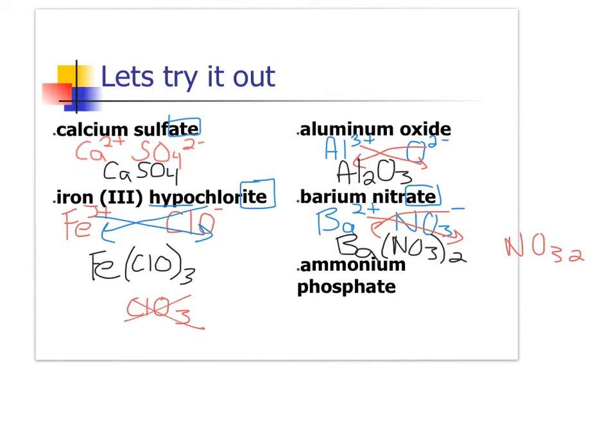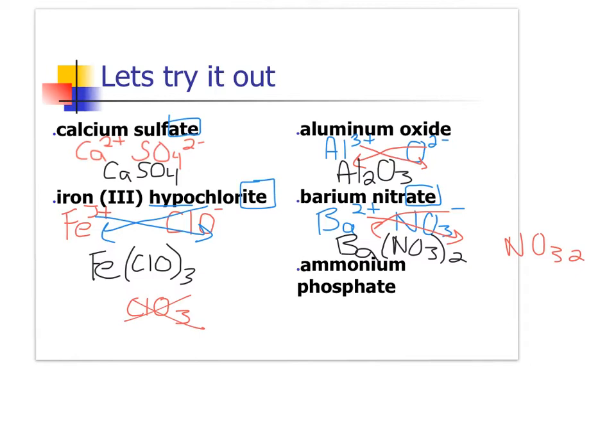Now this next one, this last example here, ammonium phosphate. Ammonium is written first, so it's a positive. You can search and search and search the periodic table, but you will not find an element on the front of most periodic tables, ammonium.